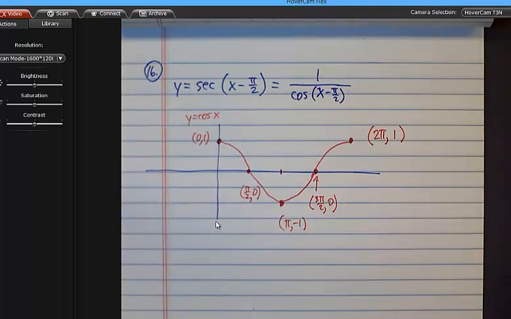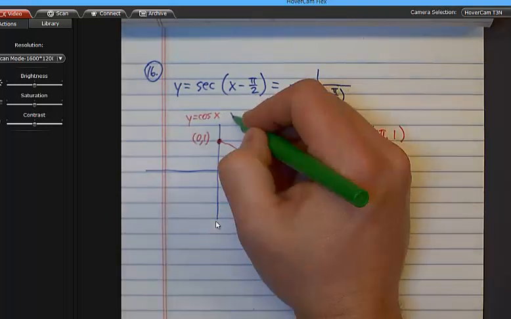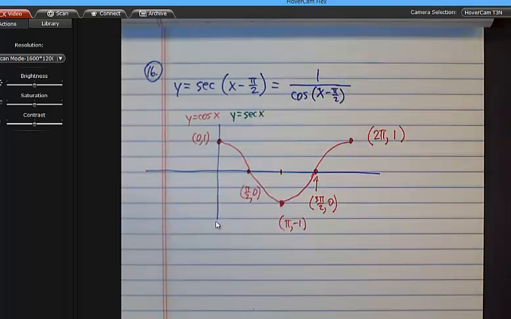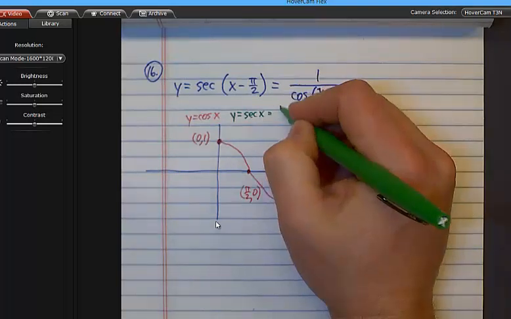Well, I guess what you need to know is, what's the deal with secant? Here, let me graph y equals secant of x. And see, now there's some really weird things that happen, because that's always 1 over the cosine of x.